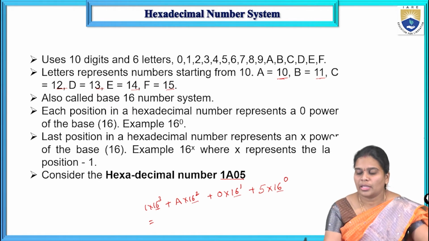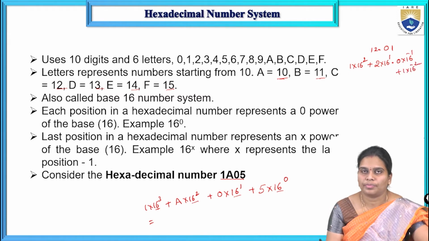We can take any values, integer as well as fractional values. For example 12.01. On the left side of the point, the values are multiplied with 16 power 0, then 1 into 16 power 1. On the right side, 16 power minus 1, plus 1 into 16 power minus 2.